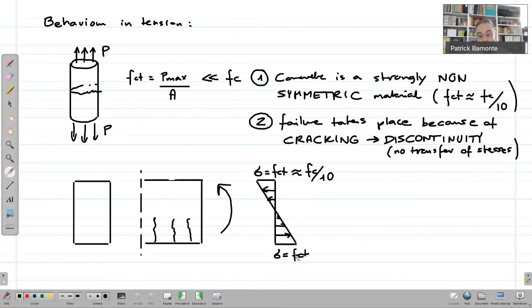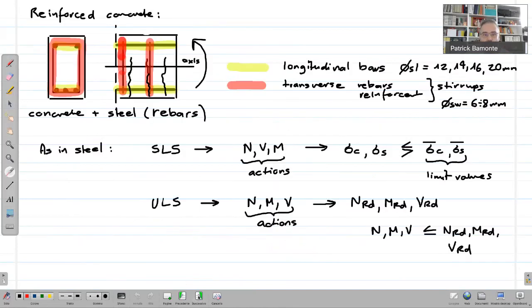If, on the contrary, you go beyond the tensile strength of concrete, you will get cracking, and typically cracking in the areas that are supposed to be subjected to tension. So this is the importance of the role of the structural analysis.